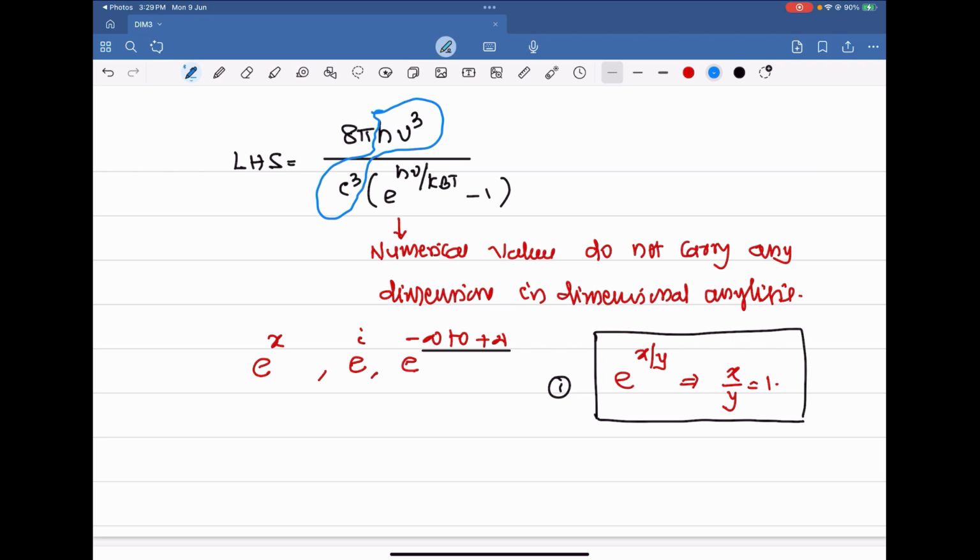And e to the power of h nu by kbt minus 1, because it's a numerical number, is not going to affect us. Then, as far as dimensional analysis is concerned, it will be proportional to some constant, as I told you in the previous lecture, some constant into h nu divided by c cube.